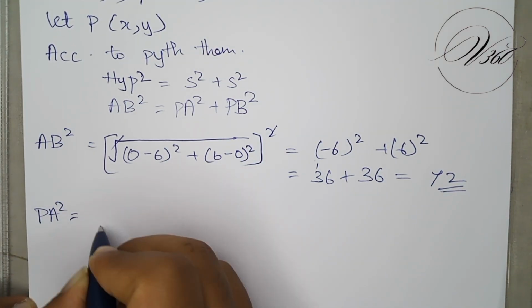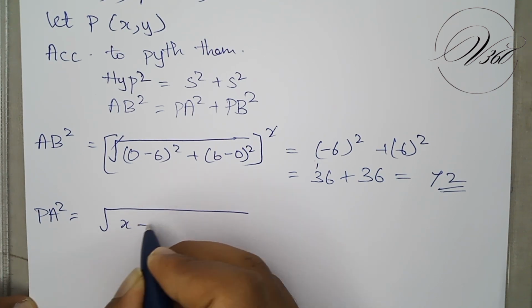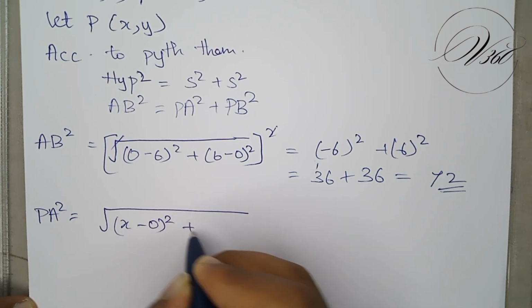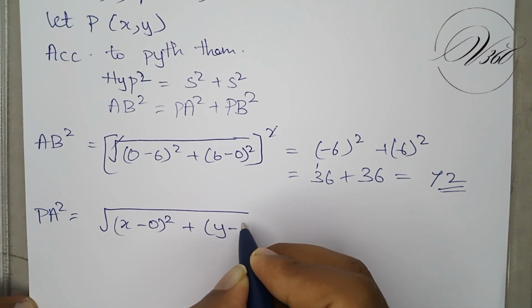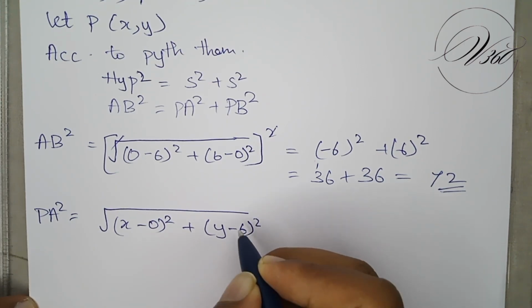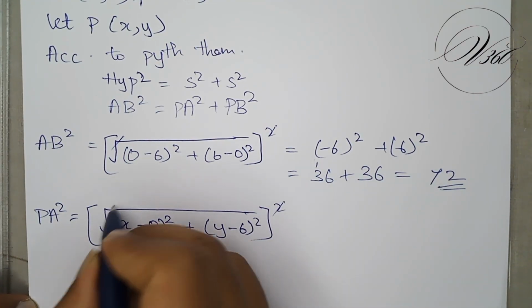Now we'll find out PA square. PA square is under root x minus 0 whole square plus y minus 6 whole square, not 0. Y minus 6 whole square, which is under a square root. Now squares and roots get cancelled.